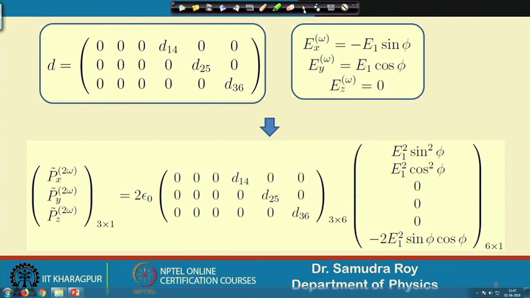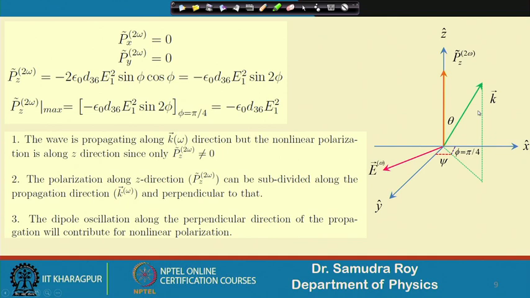In the next slide we have actually written this thing here. If you look carefully, P x is 0, P y is 0, no doubt about that. So, P z is this quantity which is the multiplication of d 36 and the last term which is 2 epsilon 0 E 1 square sin phi cos phi. Now, one thing one should note is that this P z at 2 omega depends on phi.